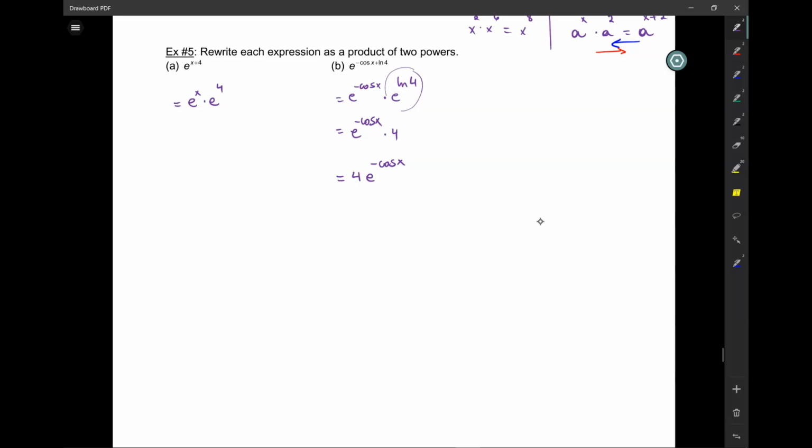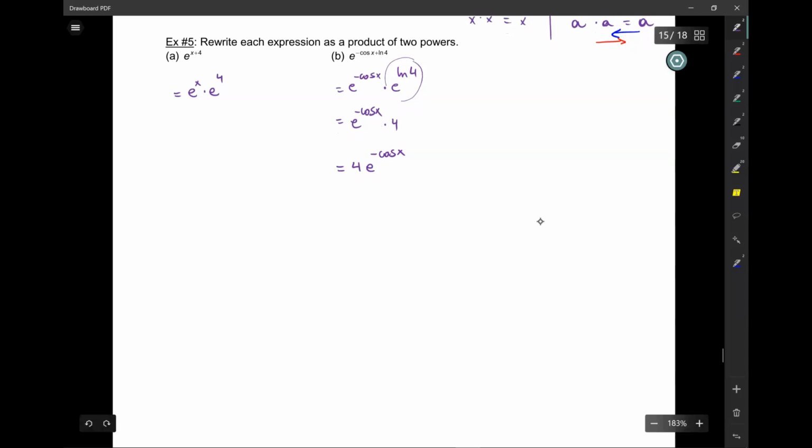Depending on whether cosine is positive or negative, this whole thing is sometimes negative, sometimes positive. You see what I mean? So just think about cosine for a minute. Is cosine always positive or always negative? No. Half of its life, it's positive. Half of its life is negative. So that's why when it's a variable expression, we can leave a negative exponent. You don't have to flip it because it's the same. Even if you had e to the cosine x, it doesn't guarantee that cosine is positive all the time. Okay.